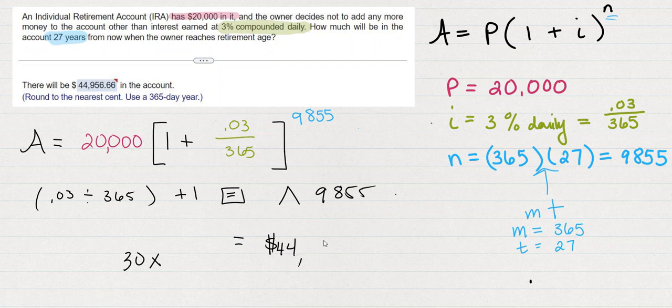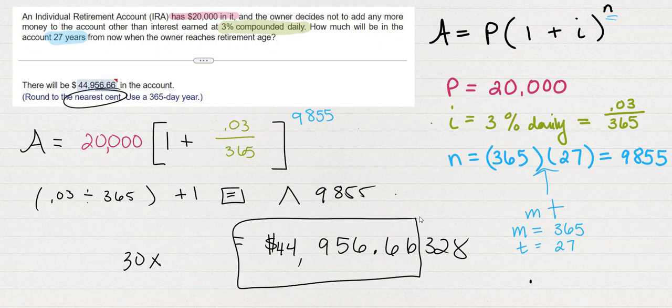Well, the calculator says 44956.66328, rounding to the nearest cent. I'd get 44,956.66, and it looks like I did that correctly because that is the answer that's given on our homework system.